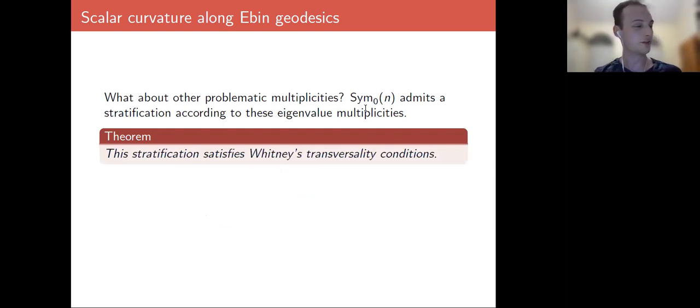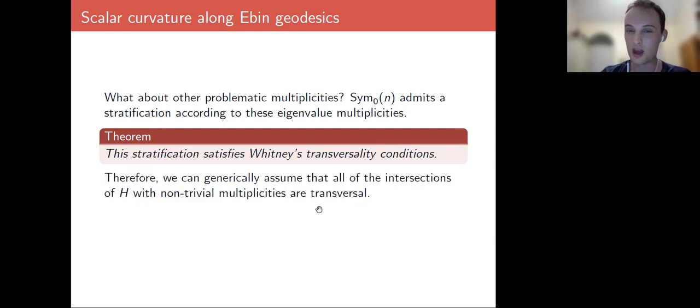If you're a differential topology expert, this might be relevant to you. It turns out that this stratification is good. It satisfies the so-called Whitney transversality conditions. And so what that means is that generically, in an open and dense set, we can assume that whenever h encounters a problematic multiplicity, it always does so transversally.